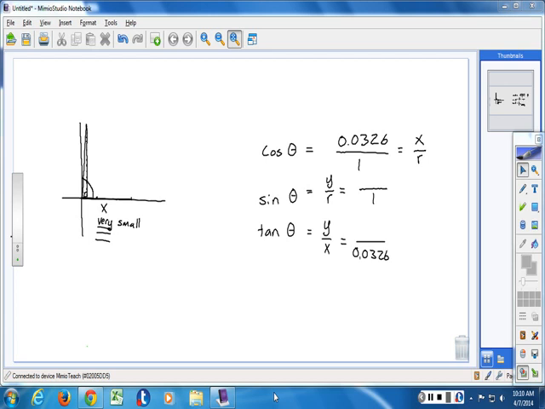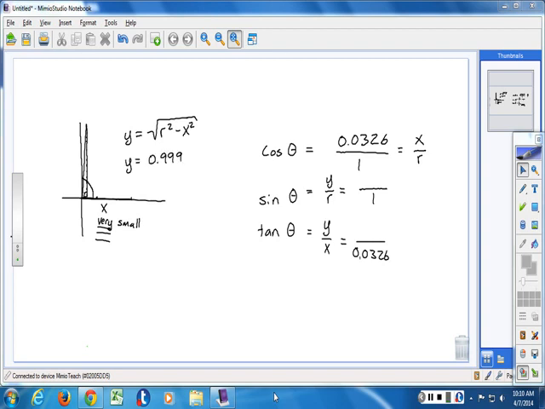So we can figure that out by saying y equals the square root of r squared minus x squared. Remember that one, just rearranging the Pythagorean theorem a little bit? And what do we end up with? Because 1 squared is still 1, we get 0.999.